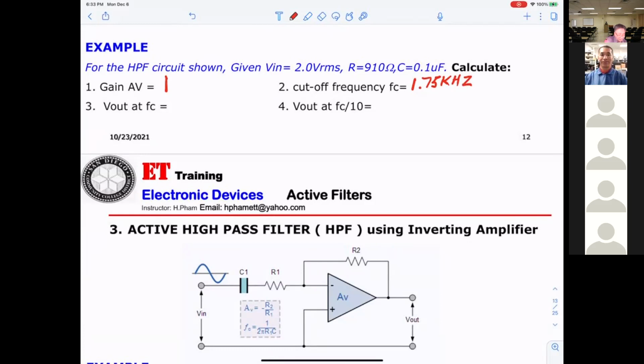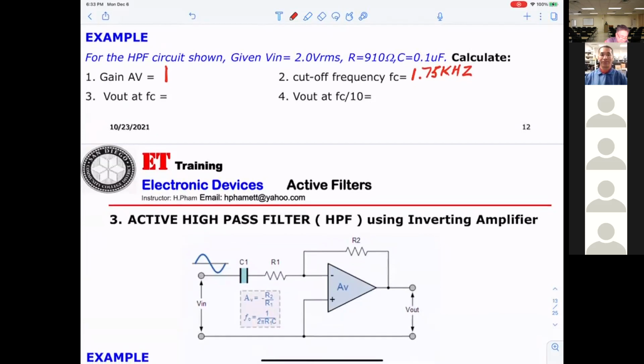Okay, 1.414, correct. And at 10 times, 0.2 volts, you take 2 volt times 0.1, right?